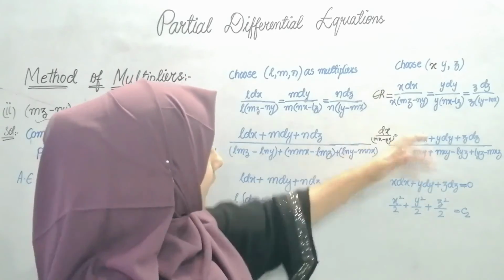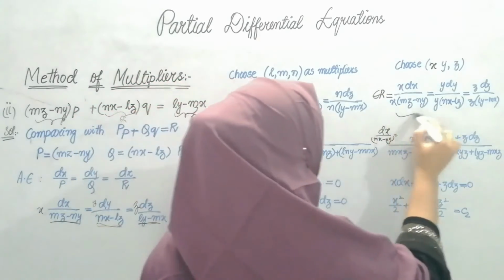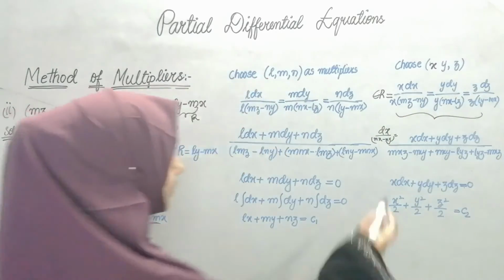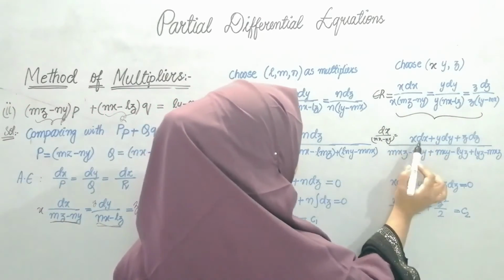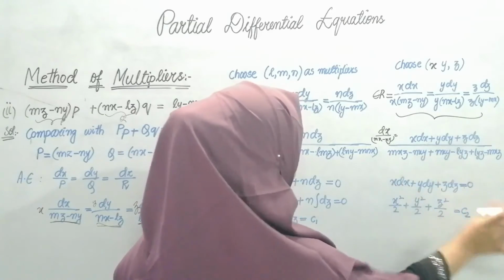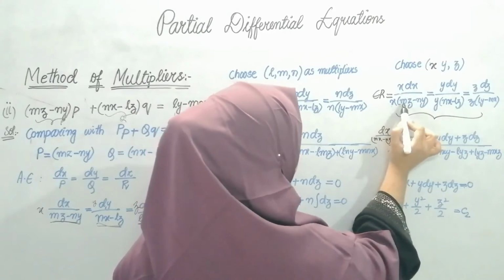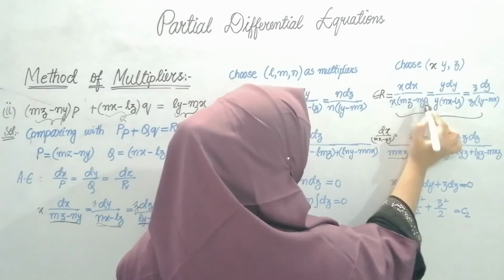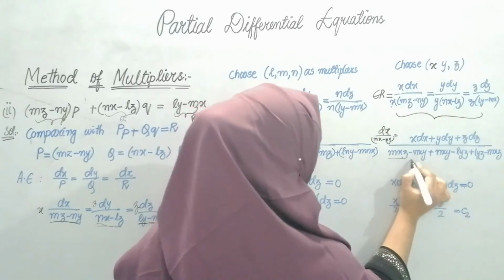So what I'll be doing, I'm going to add all these three terms. Okay, so this will be x dx plus y dy plus z dz. So that's what I'm writing in the numerator, x dx plus y dy plus z dz. Done. Now here x mz, mxz, multiplying x inside. Now n x y, I'm just writing it in an order.